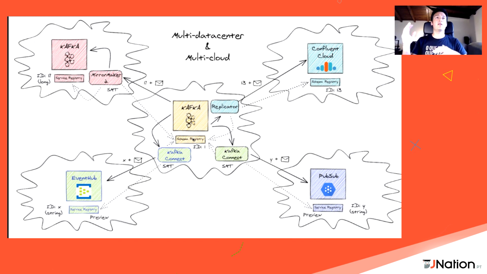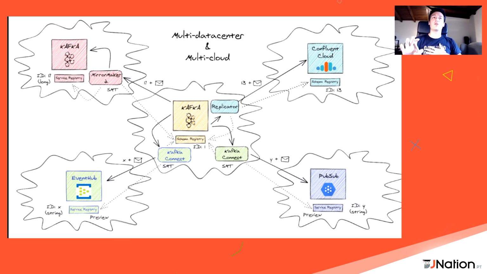And it doesn't matter if they are using a different technology or even a different format. For example, Event Hub and PubSub are not using a number, they're using a string as identifier, but we don't care because our SMT is able to transparently do the modifications on those things.